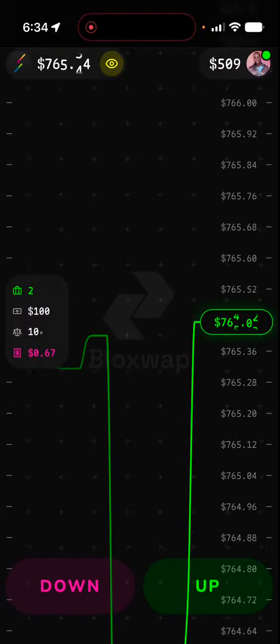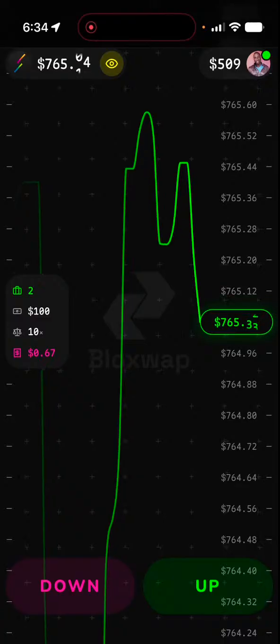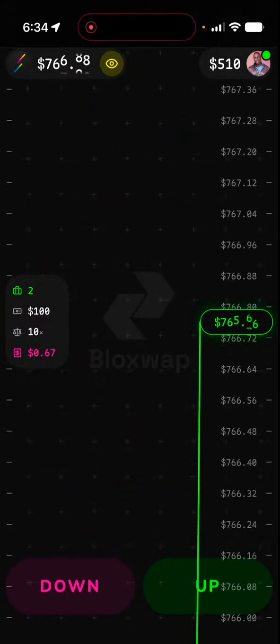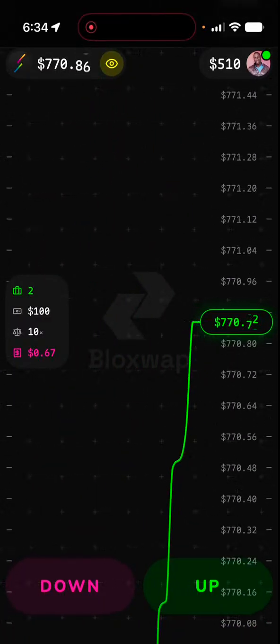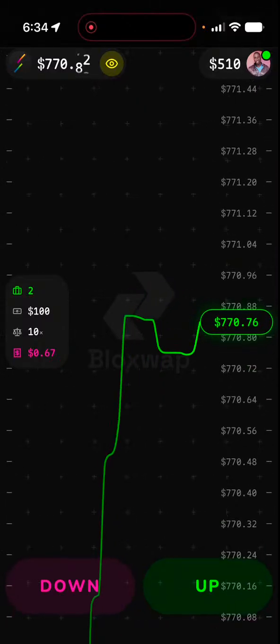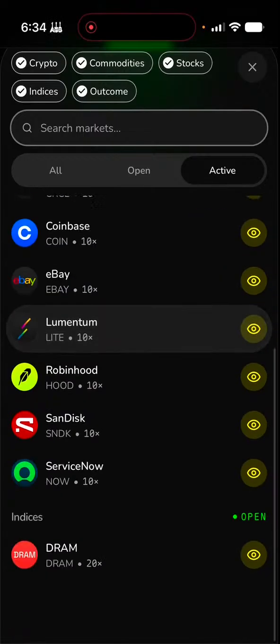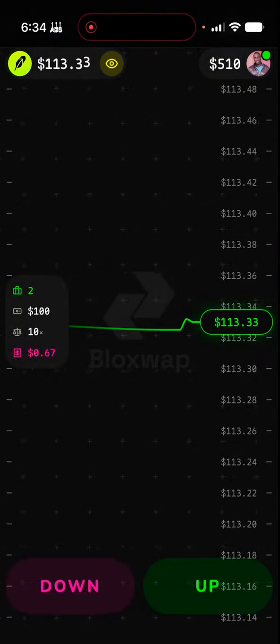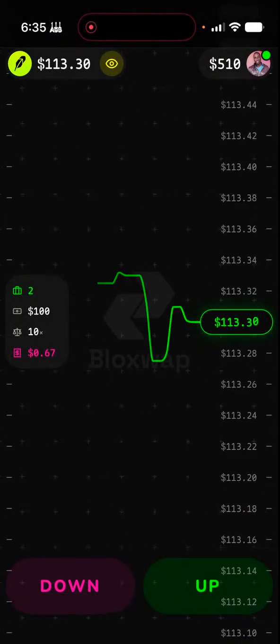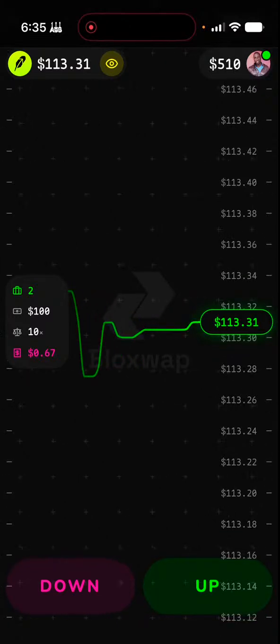Oh, I was gonna say it's dropping, but then it went up. Now it's shooting up. Interesting. Yeah, this is going up and down. We're not really seeing anything that gives us some good confidence to trade any of these signals.